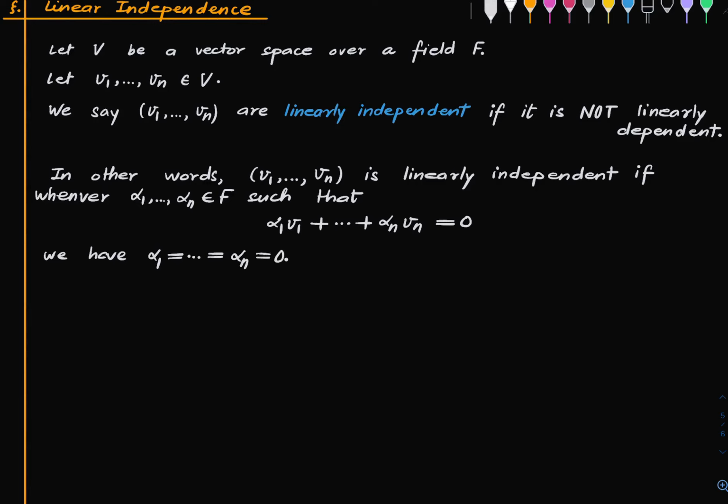So the only linear combination that vanishes is the trivial one. That's what it means. Okay?